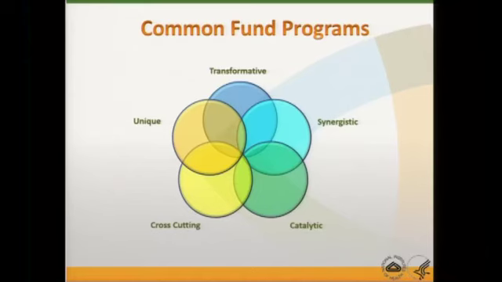Okay. So typically, the Common Fund programs have to be transformative and catalytic. That is, they should be able to change the way we do science, or be able to jumpstart fields that are in their infancy so that they can go forward.